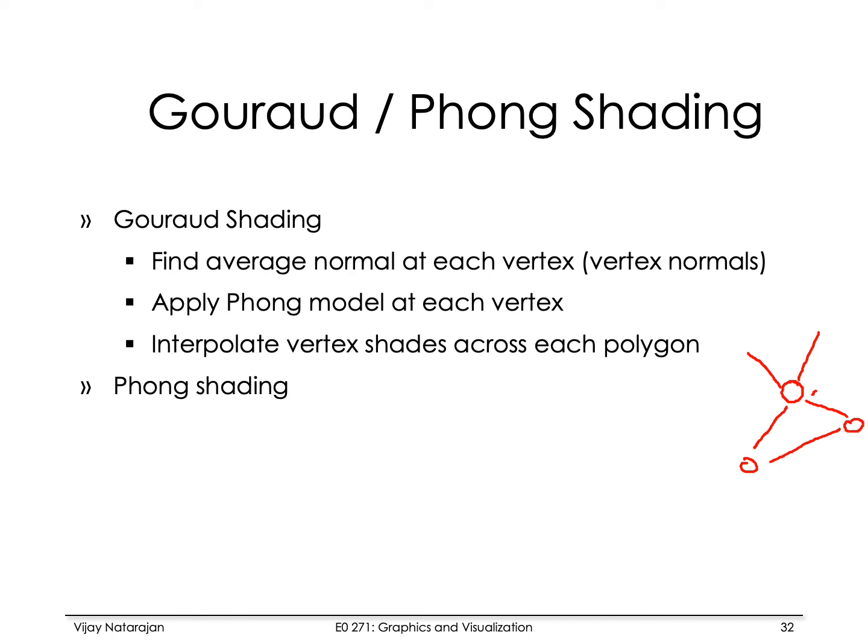Each triangle can be used to compute a normal, and the normal at this particular vertex can be calculated as an average of the normals of all the triangles that are incident on the vertex. That gives you your normal at that vertex. So this is what I mean by an average normal. Now you can compute the normal in any way that you wish.